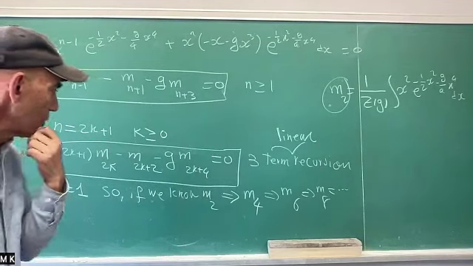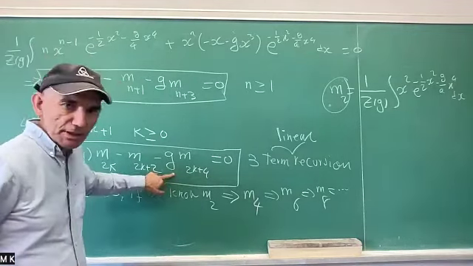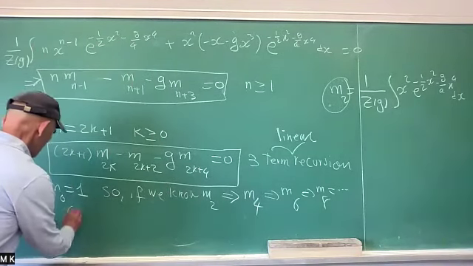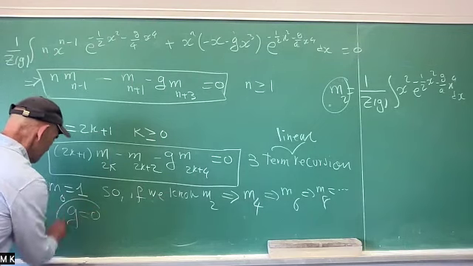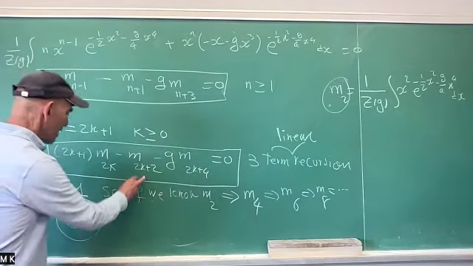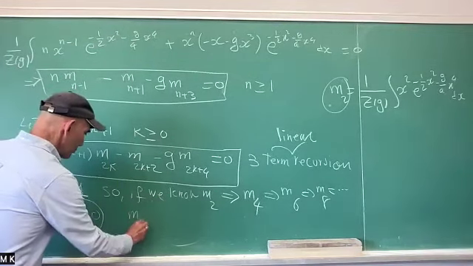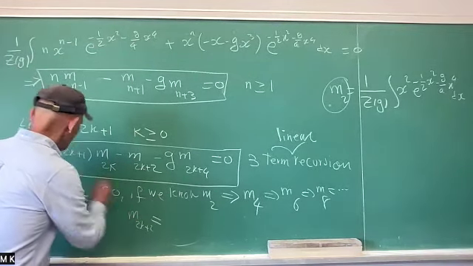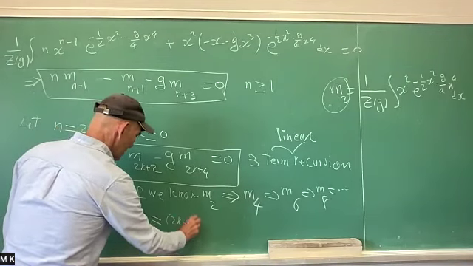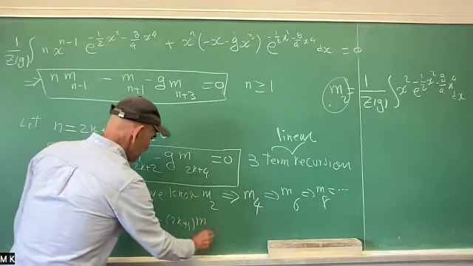Yeah. So it's always a good idea to check the case g equal to 0. So what do we obtain for g equal to 0? We get this very interesting relation that m_{2k+2} is equal to (2k+1) m_{2k}.